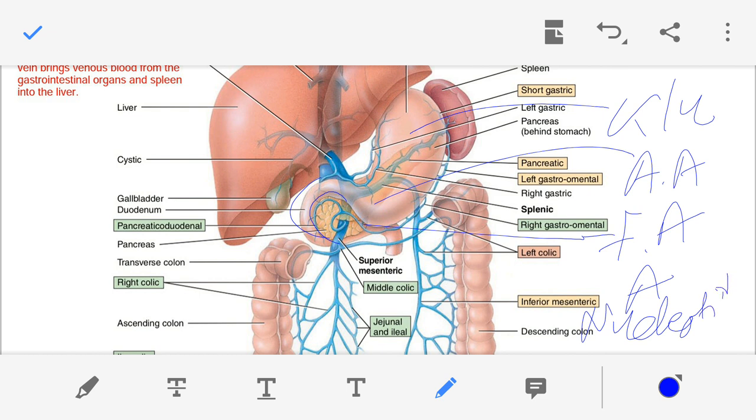So these are all the nutrients, and these digested small molecules pass through the wall of the stomach, the duodenum wall, the jejunum wall, and the ileum wall.